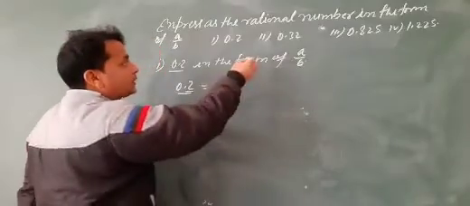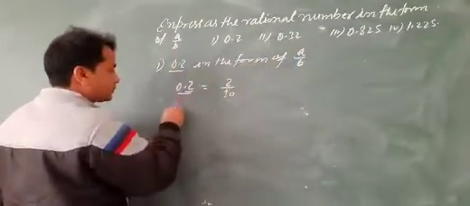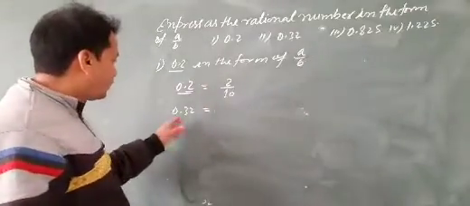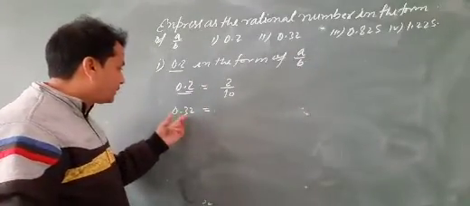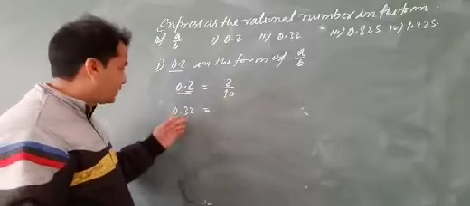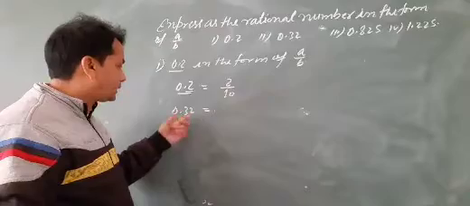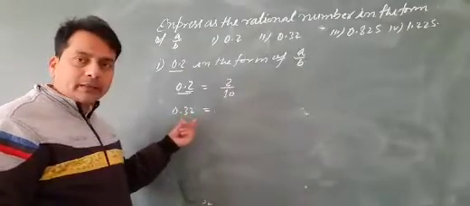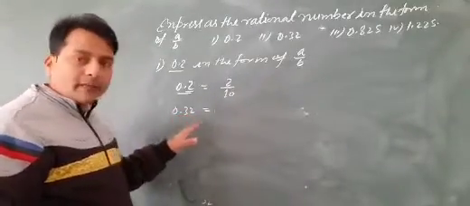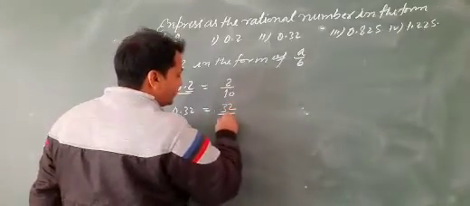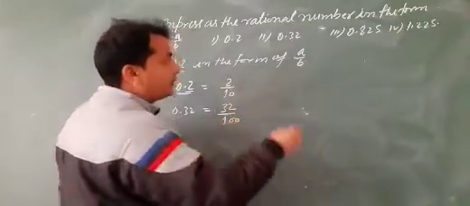Now the next is 0.32. After the decimal point there are two digits, ones and tens. Then we can write 32 divided by 100.